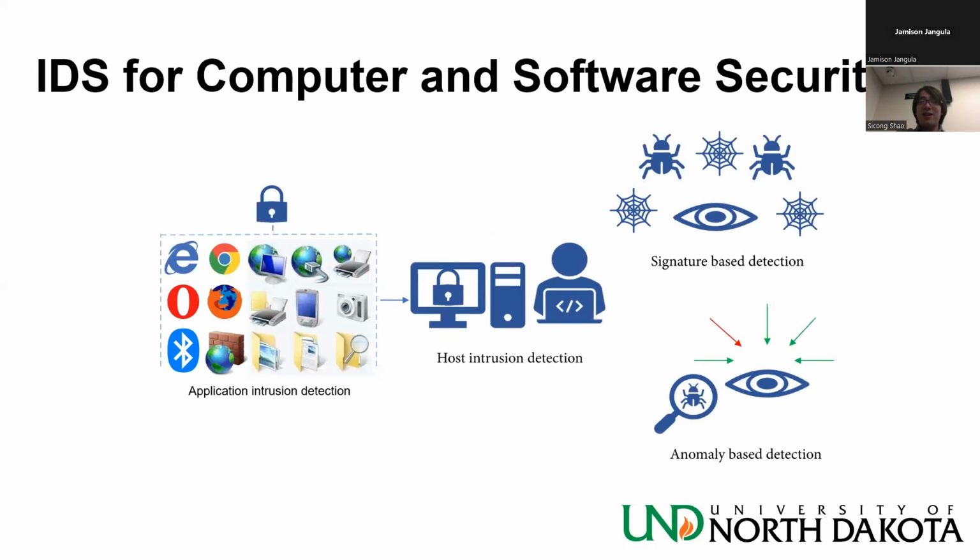So, a very simple, high-level introduction of the IDS. Basically, intrusion detection systems are designed to identify suspicious and malicious activities. They can be divided into signature-based detection approaches and anomaly detection-based approaches. The signature-based detection approach uses fingerprints of known threats to identify them.